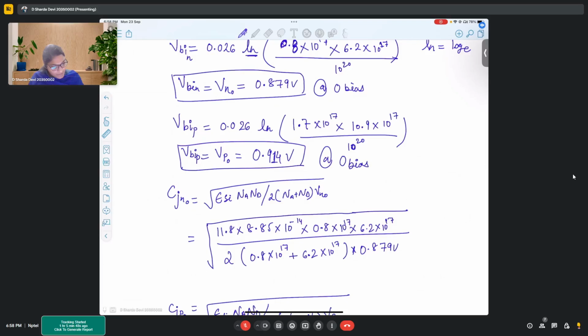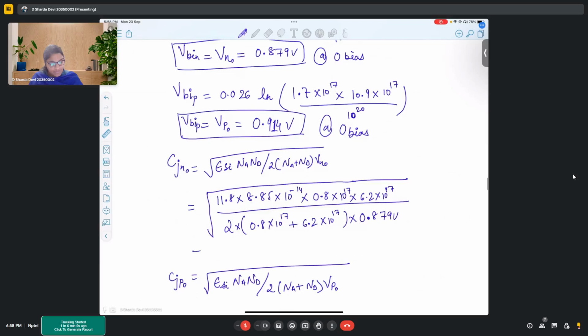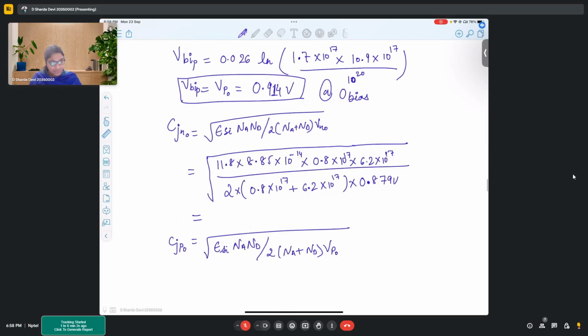Yes. So can anybody find the value for this? This is the junction capacitance with zero bias. Please calculate for this one. I'll let you know the values.